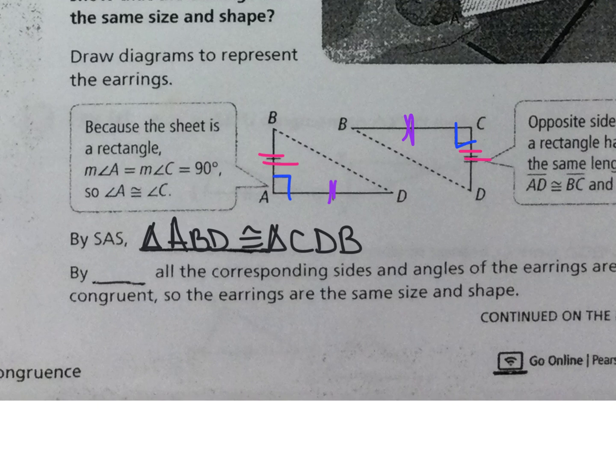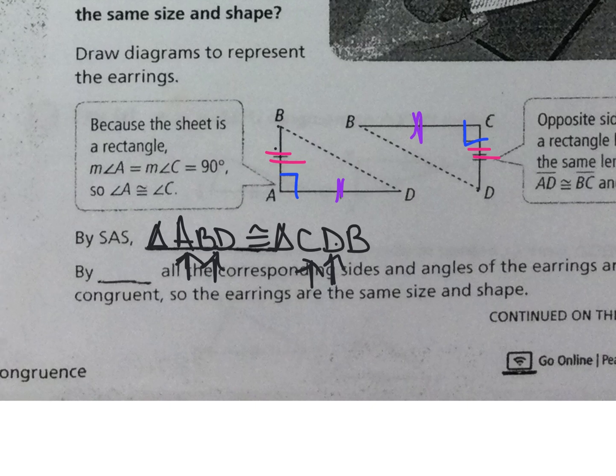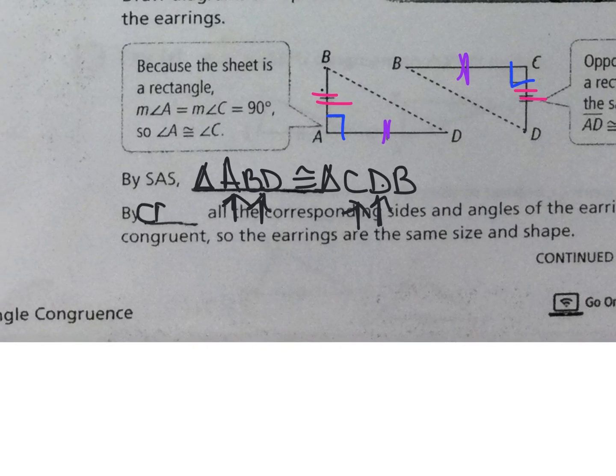Order matters, okay? A is congruent to angle C, okay? B is after the pink marks, and so is D. It has to be there together, all right? And then by corresponding parts of congruent triangles are congruent, all the other corresponding sides and angles are the same, okay?